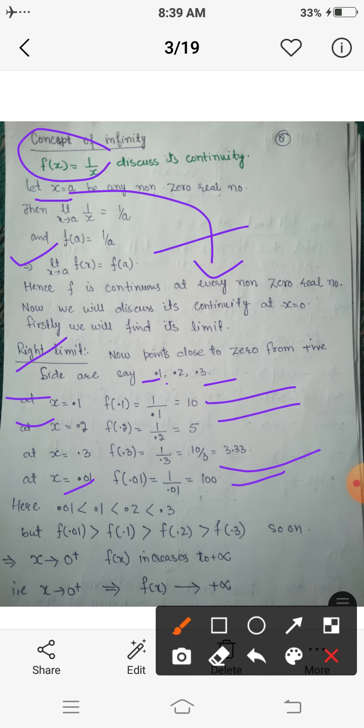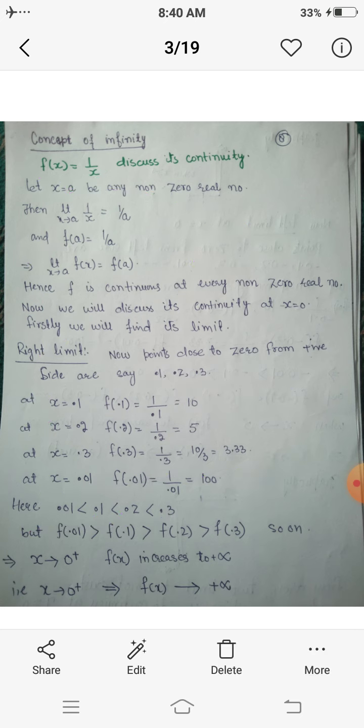Now these points 0.01, 0.1, 0.2, 0.3 are in increasing order. That is, 0.01 is less than 0.1, less than 0.2, less than 0.3, and so on. But the values of the function at these points are 100, 10, 5, 3.33, which implies that the value is greater at the smaller points.